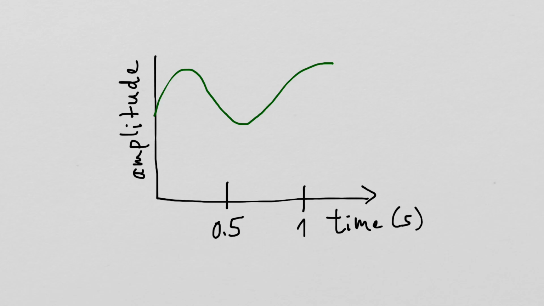Okay, so now let's say that our sampling interval is t equals 0.5 seconds. Alright, so let's say we have a sample at the beginning. We would take another one at 0.5 seconds and then yet another one here at 1 second.